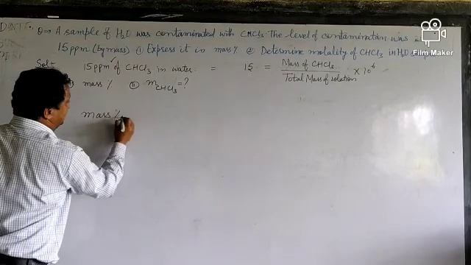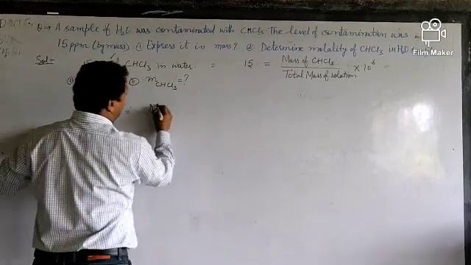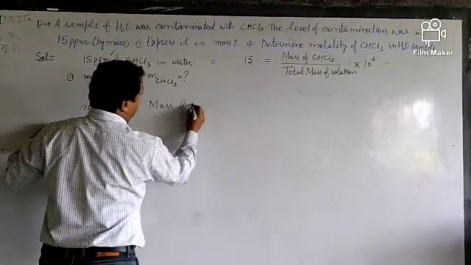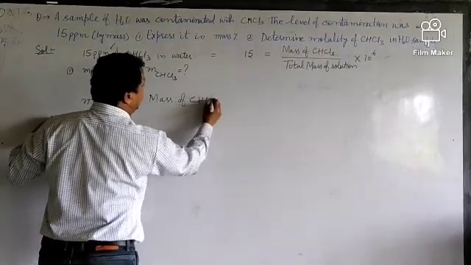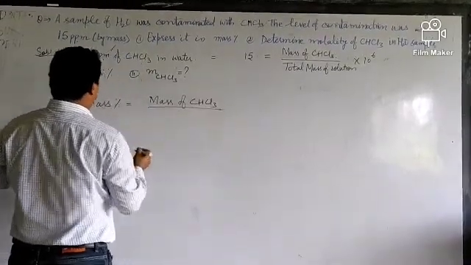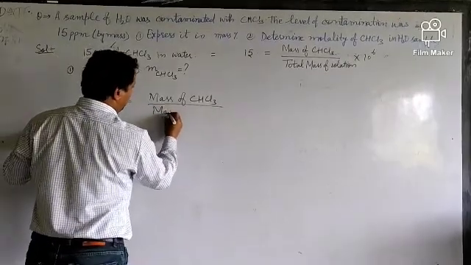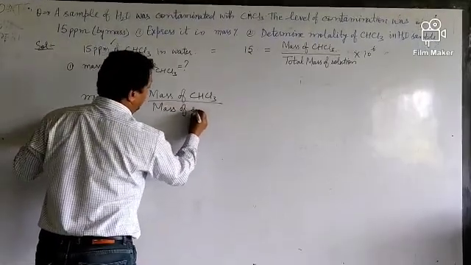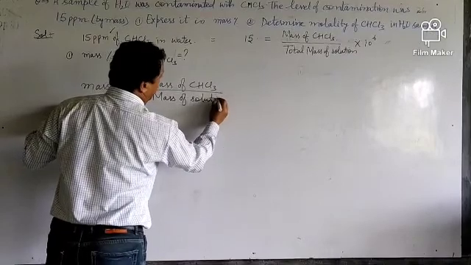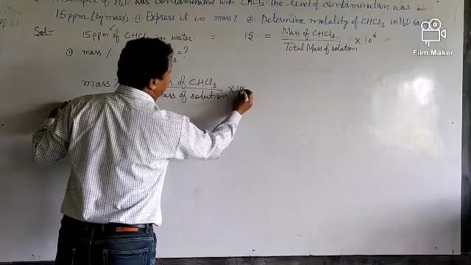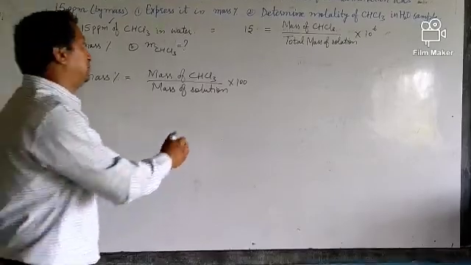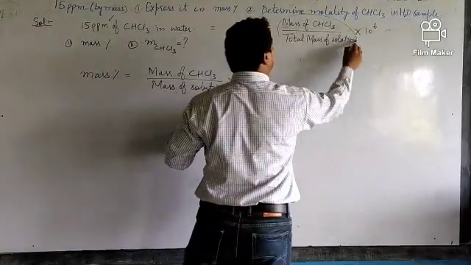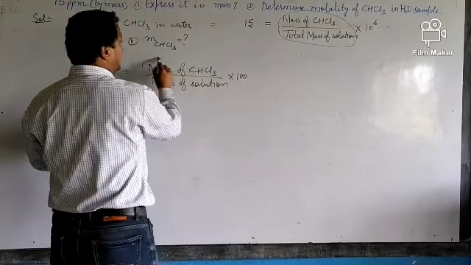Mass percentage is equal to mass of CaCl3 upon mass of solution into 100. Now if you compare the two, this part is similar to this part.